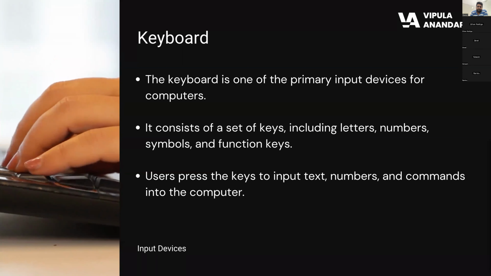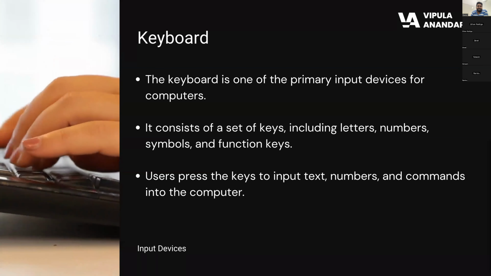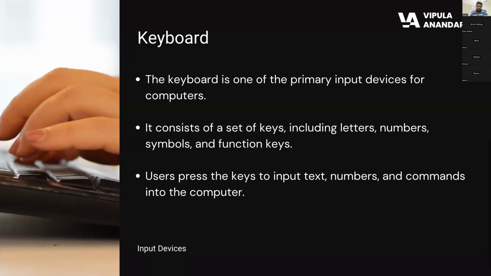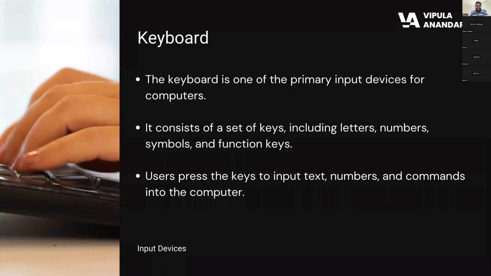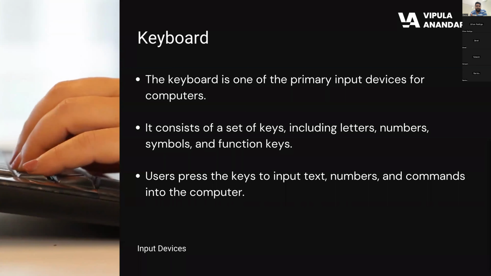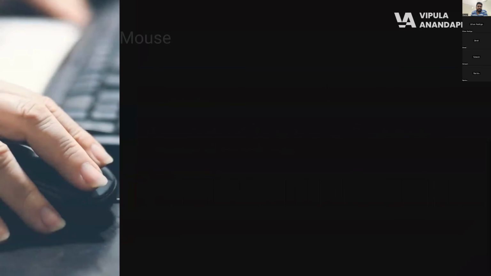Simple as that. So it's the most basic device, which is kind of like the most primary device as well, because in order to communicate with the computer, you need to feed in data, right? In order to feed in data, the only way of doing that is using a keyboard. Okay, so going on forward.